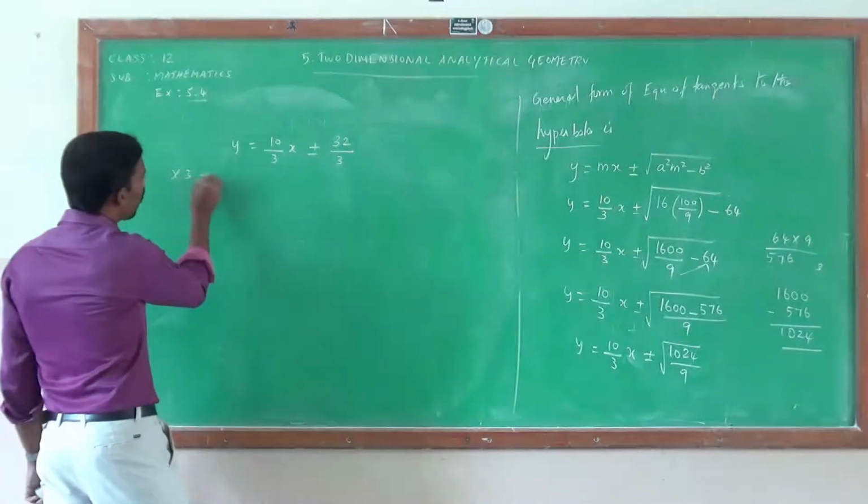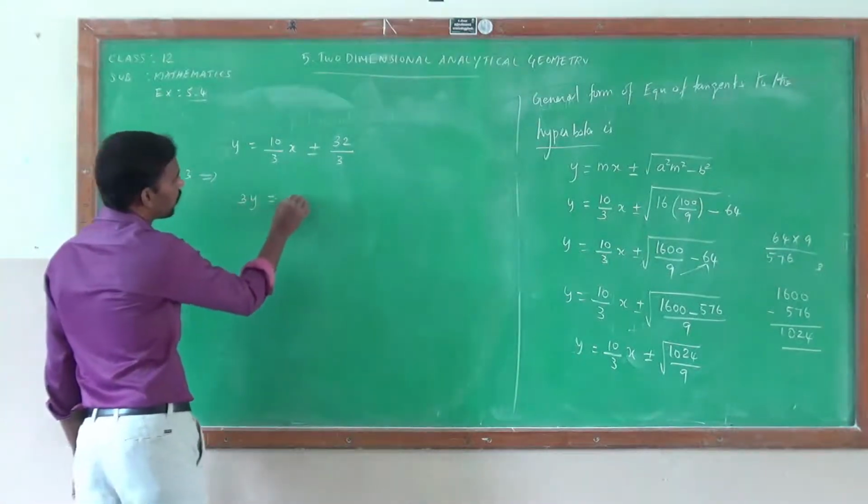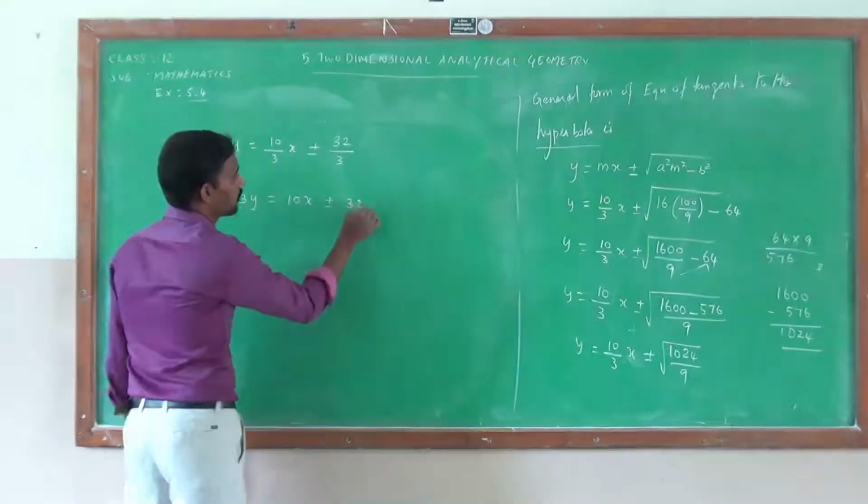Now multiply by 3 on both sides, you get 3y is equal to 10x plus or minus 32.